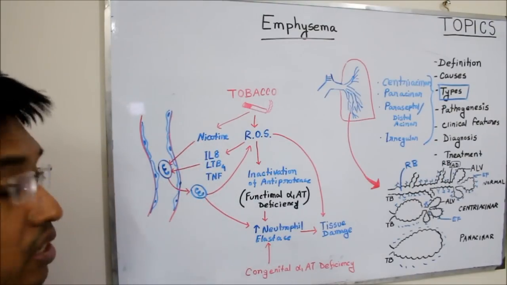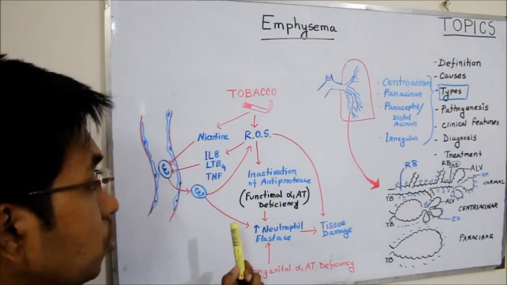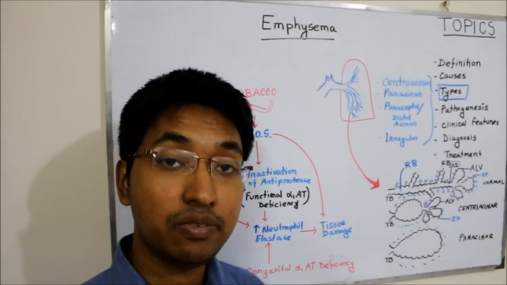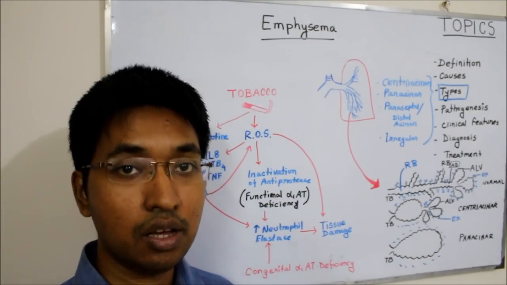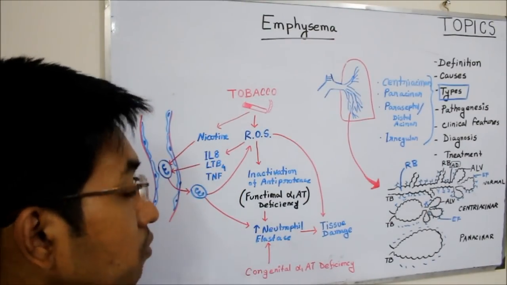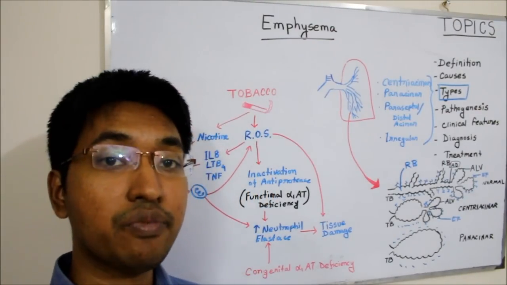And another mechanism that you can see, the reactive oxygen species can also result in inactivation of anti-protease or anti-elastase. So that will result in something called functional alpha-1 antitrypsin deficiency.